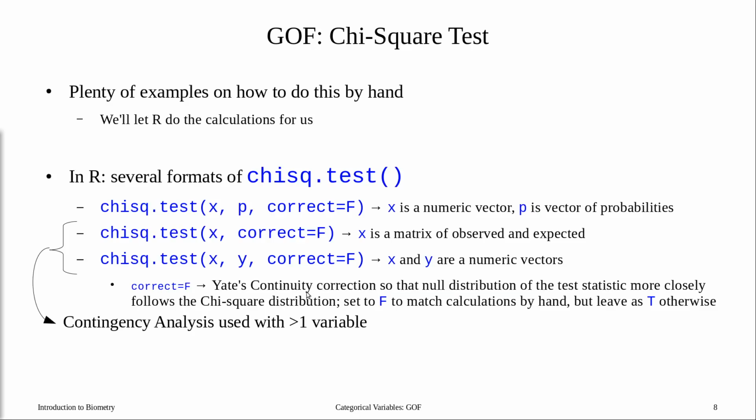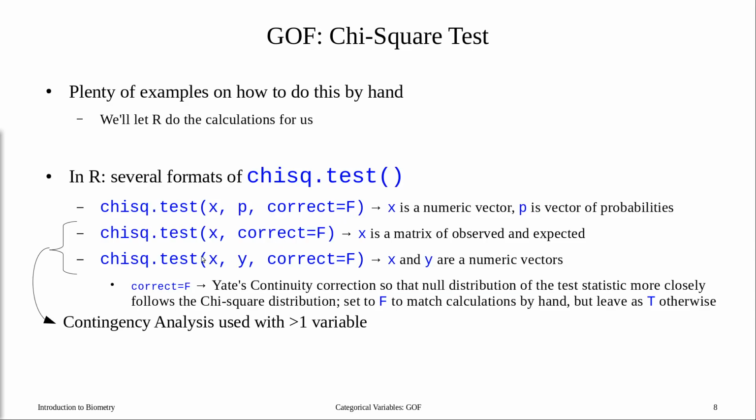But if I was going to do a sequence of chi-square tests or a sequence of g-tests, I would not use any continuity correction. So if we set correct equals FALSE, then our chi-square value and our chi-square test is going to produce the results exactly the same as if we did it by hand. If we did correct equals TRUE, then our chi-square and our p-value is going to be different. So my suggestion for this class is just set it to FALSE. So if you wanted to go back and check it by hand, you could, and you'll get the exact same values.